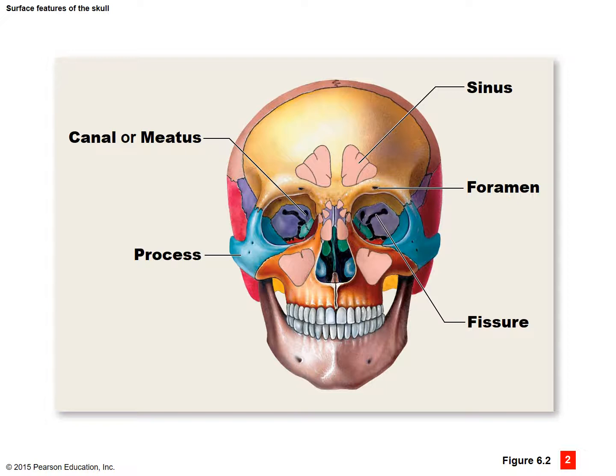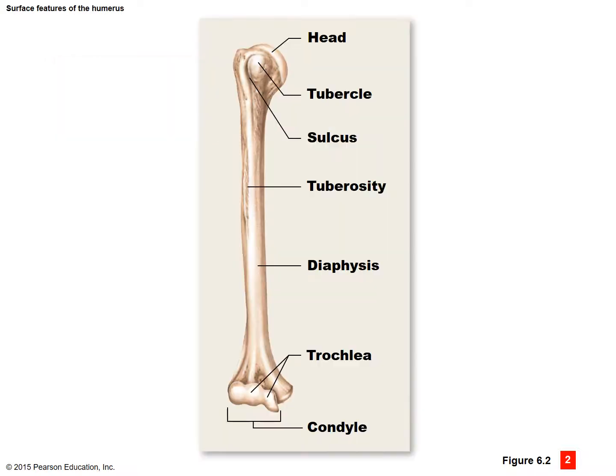A fissure is going to be larger than both a foramen or a canal, and is typically a place where larger structures go through. A sinus is found only in the skull, and we have several sinuses that we will cover, and these are going to be designed to lighten the skull and provide resonance to speech.